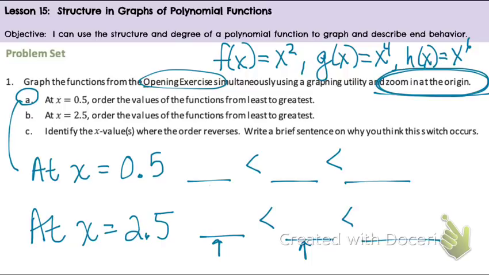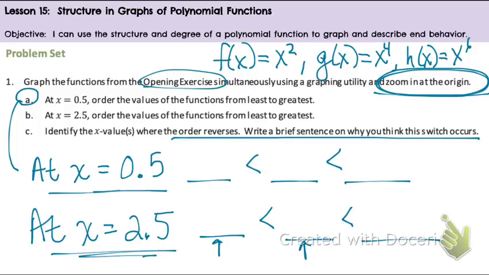Question C asks you, kind of gives up my answer there, at what point does the order reverse? So you're going to look at which equation is largest to smallest here, and again here, and then you look at the graph and you find where that flip occurs and think about why that switch occurs, why one of them becomes larger than the others.